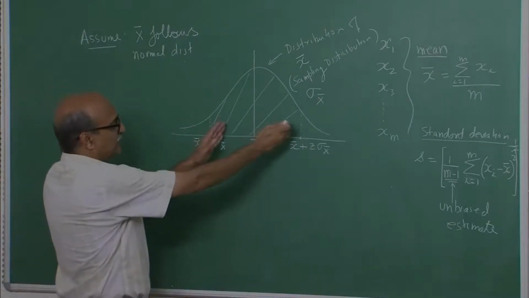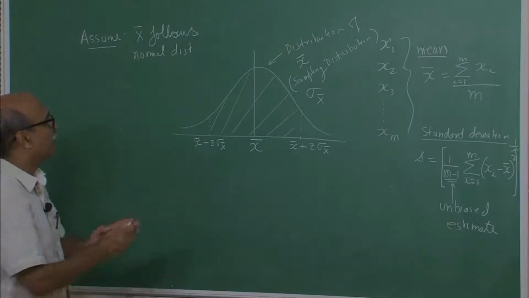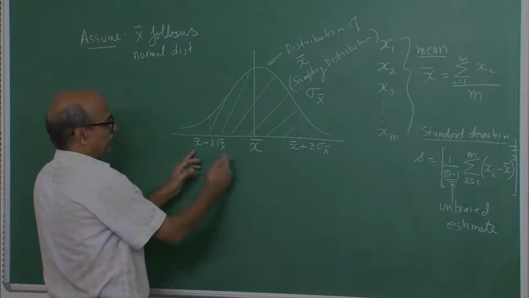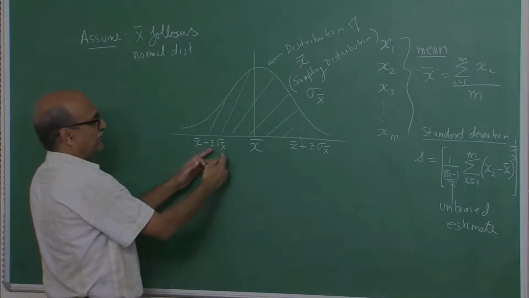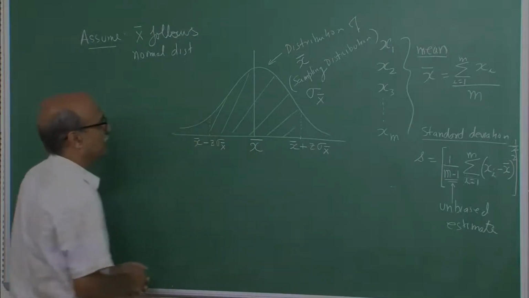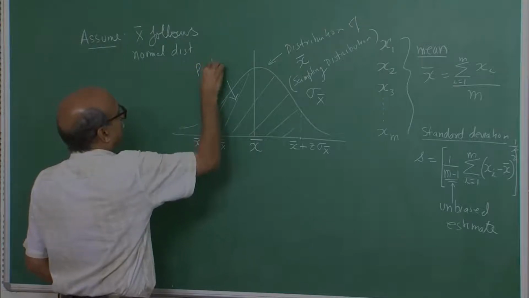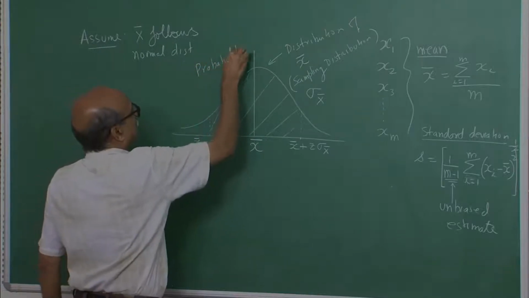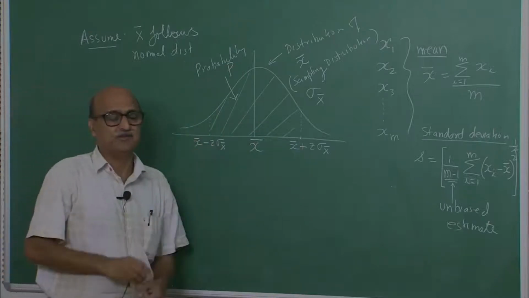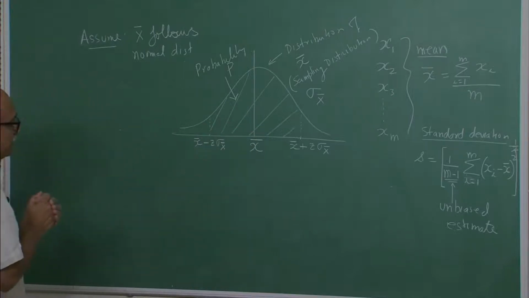And what does this area represent? This area represents the probability that the mean will lie in the range x bar minus z sigma x bar and x bar plus z sigma x bar. So, this denotes the probability p, and this p is going to be a function of z. If I change z, my areas would obviously be different.